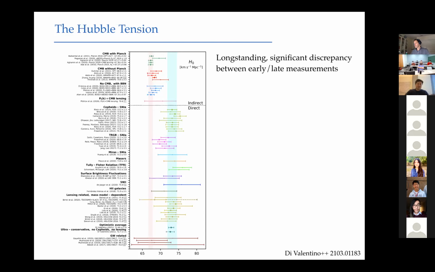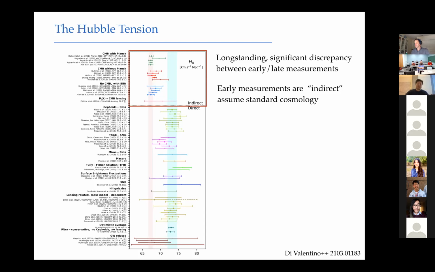And of course, there are a few measurements like tip of the red giant branch, which tend to straddle both of those numbers with slightly larger error bars. But generally speaking, the early measurements that we have are indirect. They assume some cosmological model. And then based on that cosmological model, taking a snapshot of the CMB, you can forward project what H0 ought to be given what you observe in your CMB data sets.